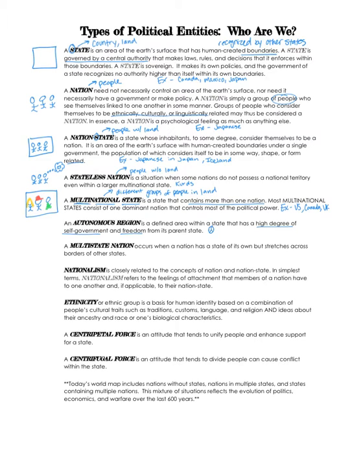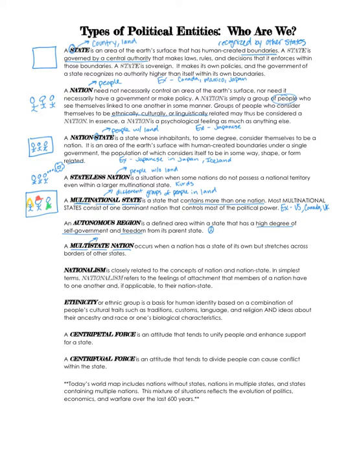The next term that we have is a multi-state nation, okay? This is different than a multinational state. You have to look at the terms here, okay? So multi, we know, means many, right? State means land. Nation, one group of people.